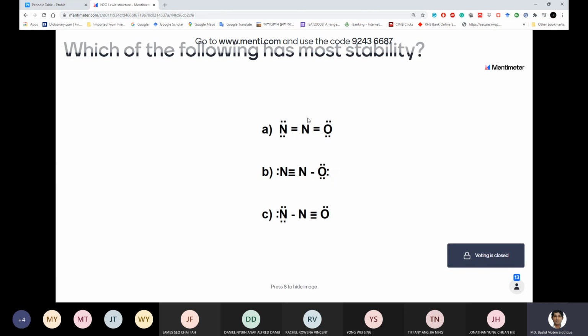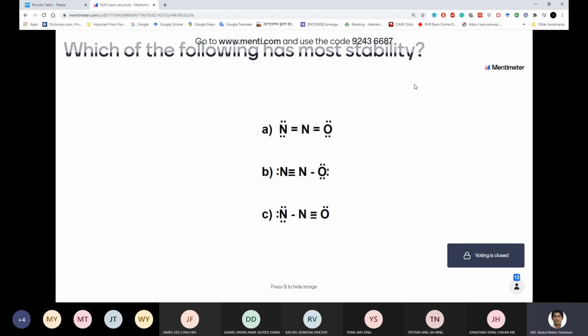For the middle nitrogen, 5 minus 0 minus 4, so it is positive 1 as well. And the left one is 5 minus 4 minus 2, which is negative 1.